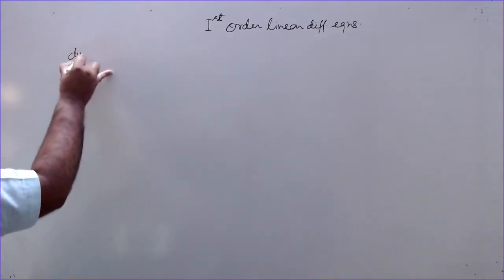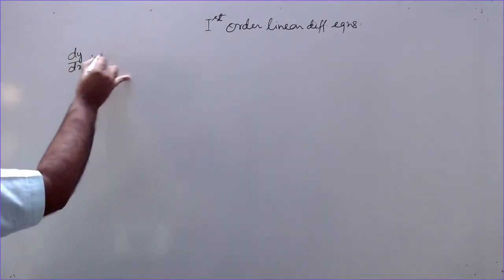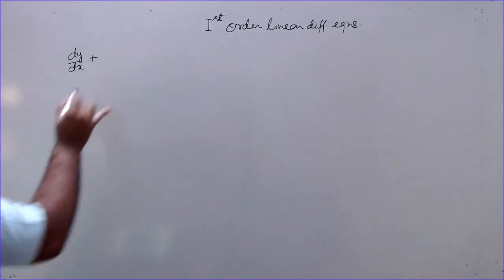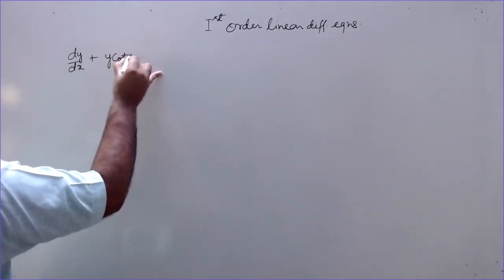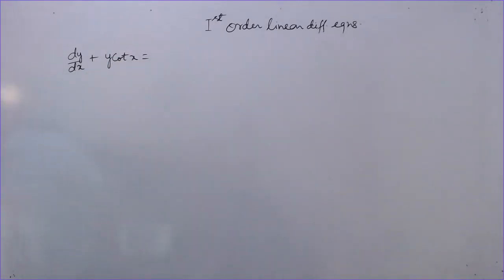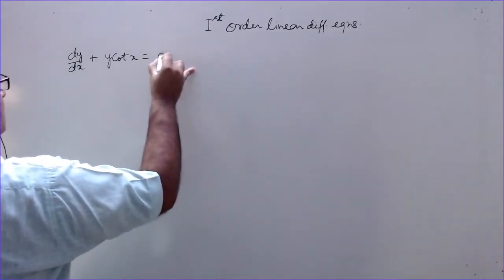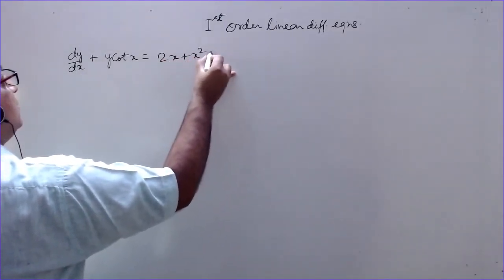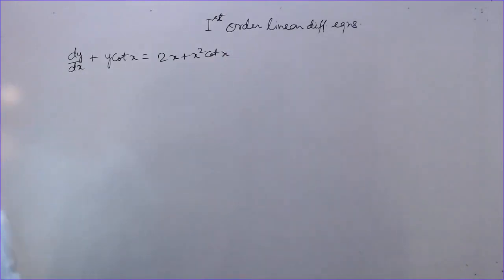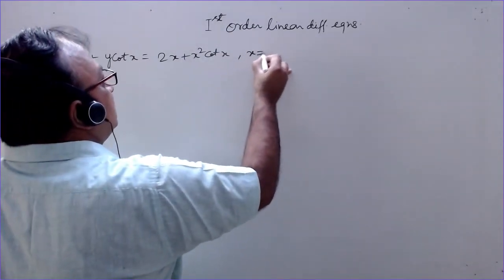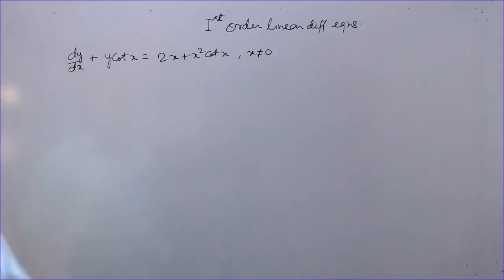The equation is dy by dx plus y cot x is equal to 2x plus x square cot x, and x is not equal to 0, because for x equal to 0, cot is not defined.